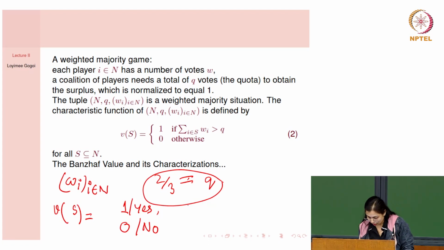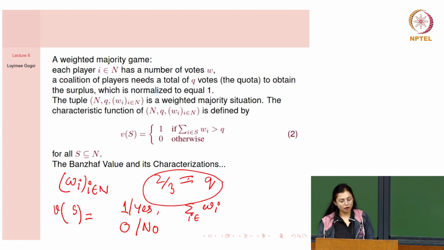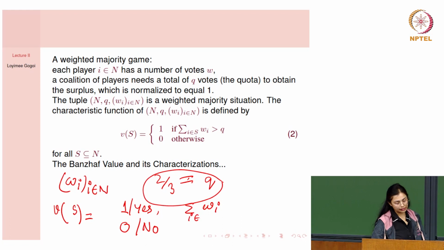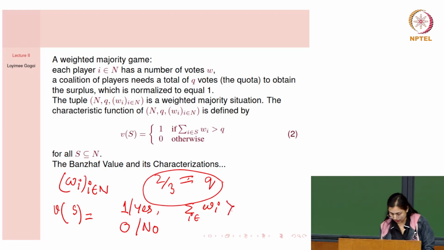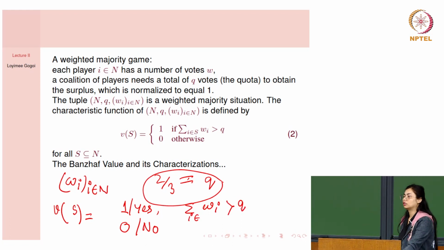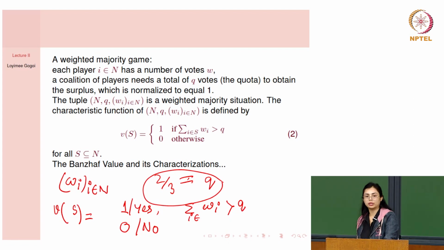That means the total weights of the players in S should be greater than or equal to Q. Otherwise, it is 0.